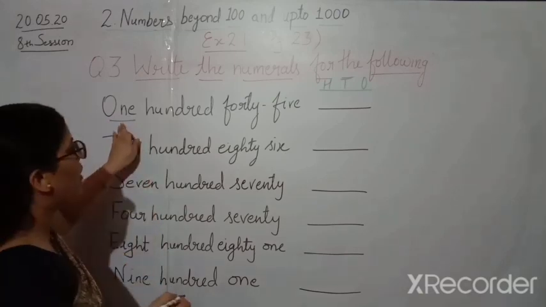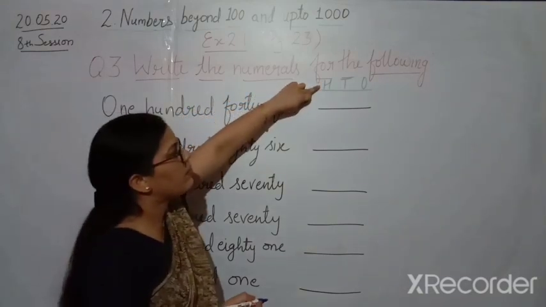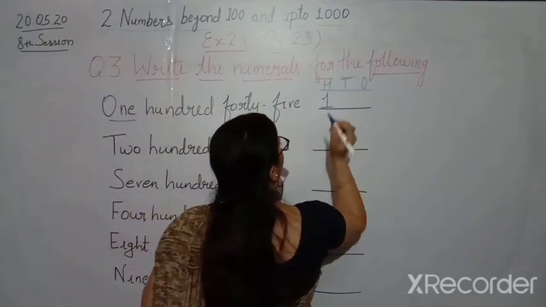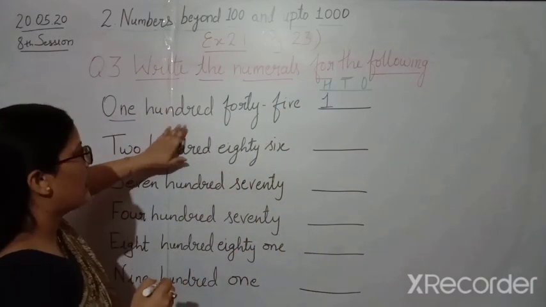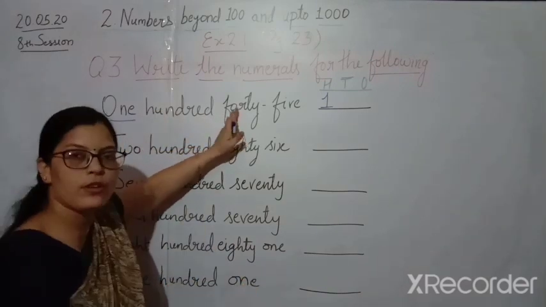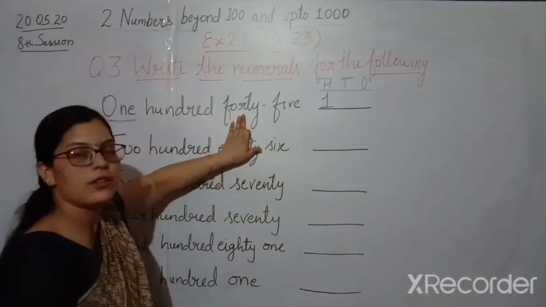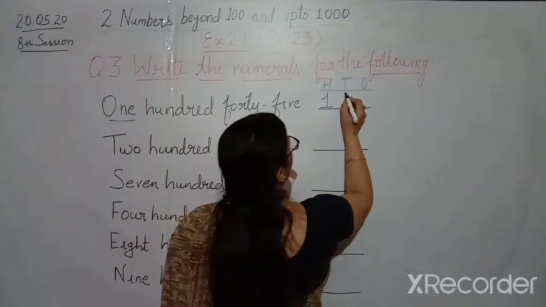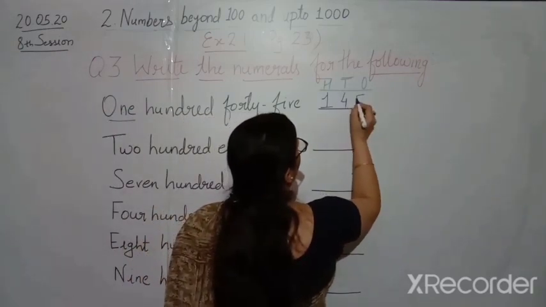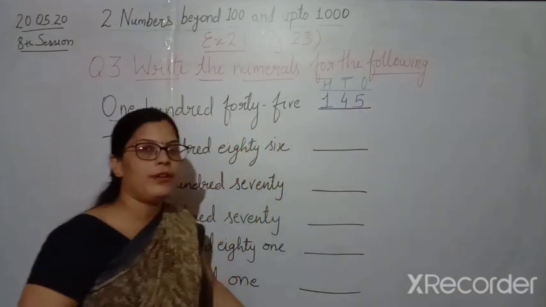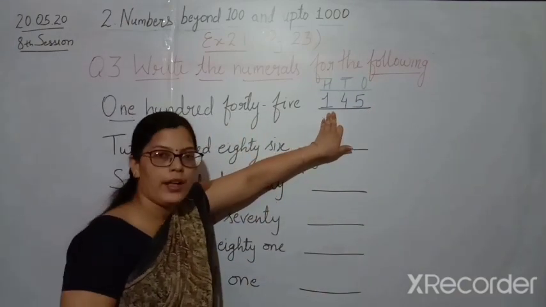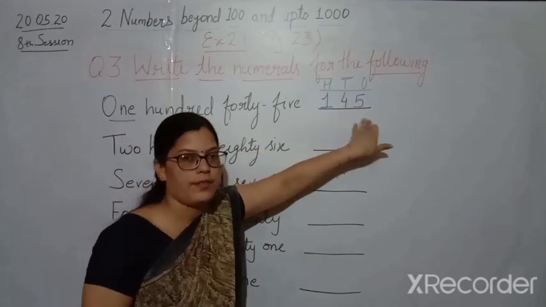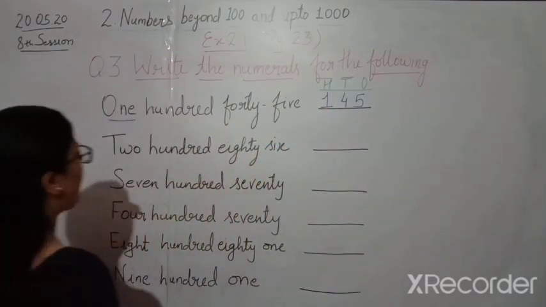So we'll write 1 at the hundreds place. Now what is given for tens and ones place? It is 45. So the number formed is 145.